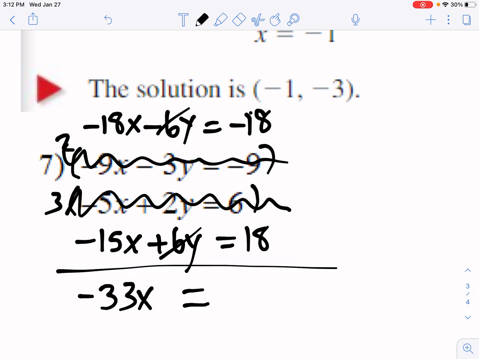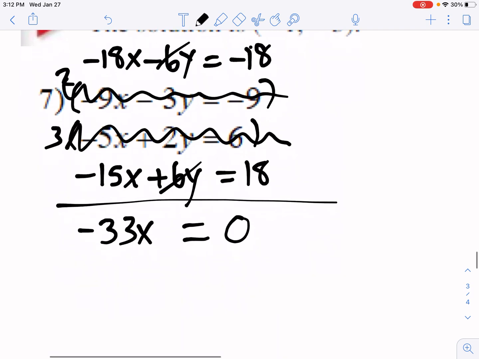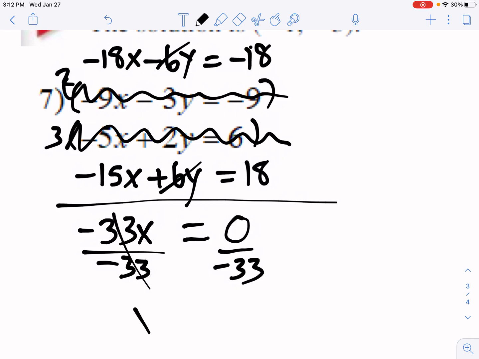And then we have a -18 plus 18. Well, those are going to cancel out too because 18 minus 18 is 0, but we want to keep the 0 because we need a constant on the other side. Well, now we have -33 times x equals 0. Divide by our coefficient, and we get that x is equal to 0, because 0 divided by -33 is going to give us 0.